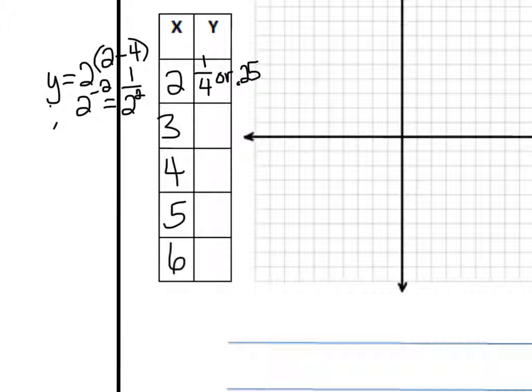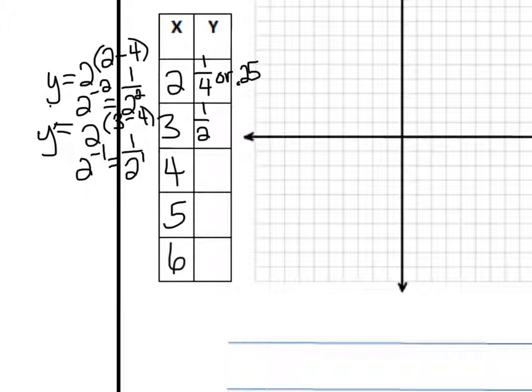Next I plug in 3, so y equals 2 to the 3 minus 4. 3 minus 4 is -1. So that means 1 over 2 to the first, and that's 1/2, or 0.5.